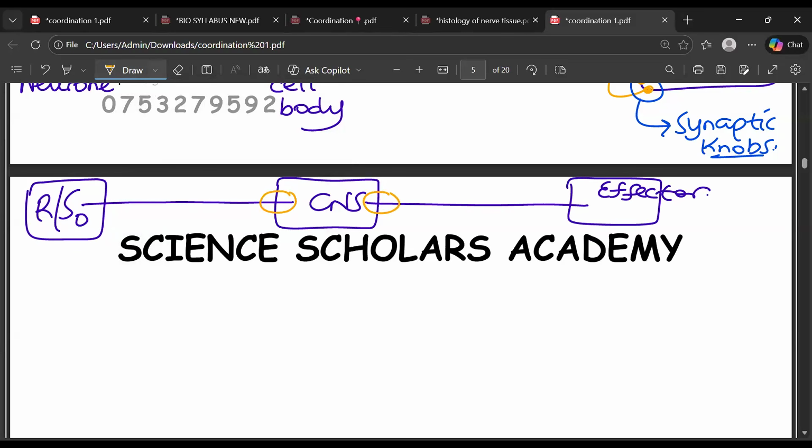Are you seeing those connections? Where you have synapses there, especially here. Where you have the synapse. So I'll tell you what a synapse is. It's like a connection, even here. That's why we are calling the knobs there synaptic knobs.